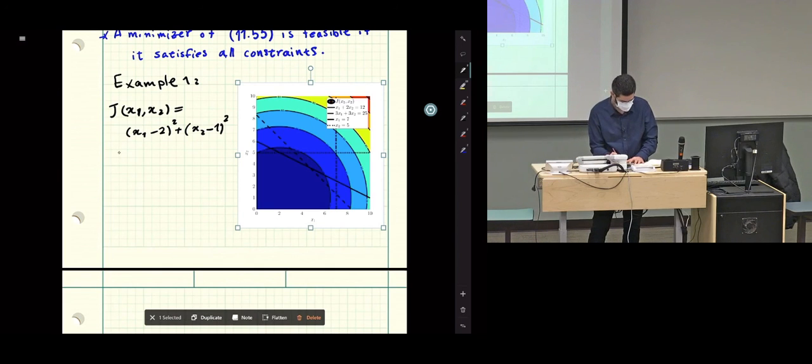And our constraints are x1 plus 2x2. This is just a simple problem I came up with, a toy example to practice. We're not going to solve it. We just end this meeting with the problem statement.